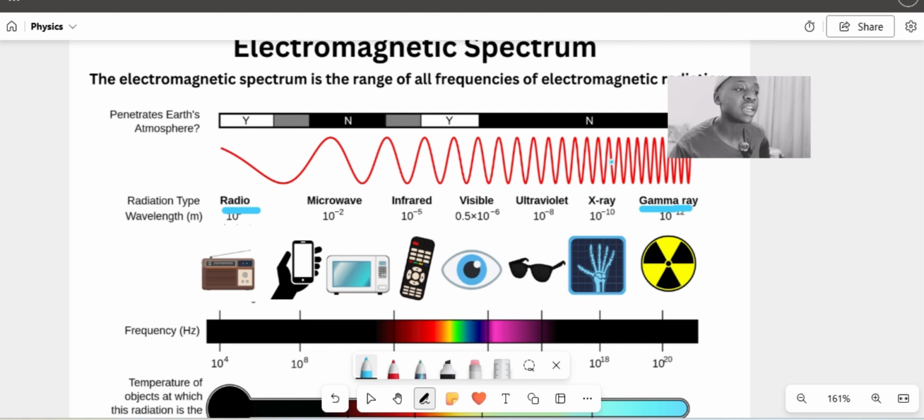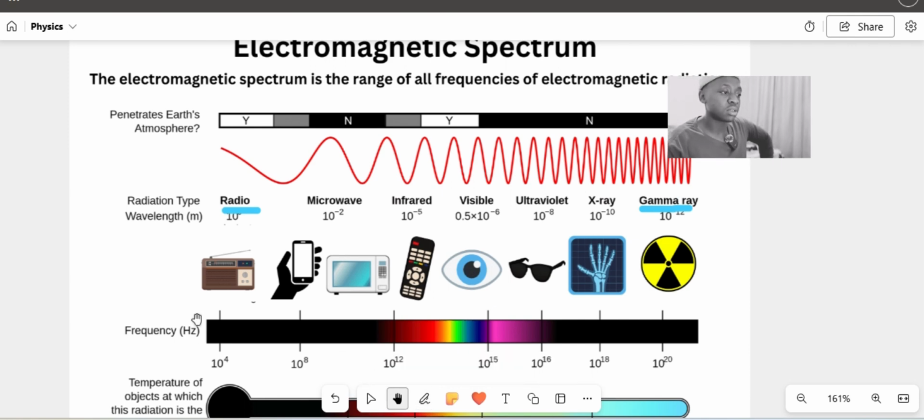As you can see, these lines indicate highest frequency, but the opposite is also true. It is from highest wavelength to lowest wavelength. Radio waves have higher wavelength, gamma rays lower wavelength. Radio waves have lower frequency, gamma rays higher frequency. So please keep that in mind.